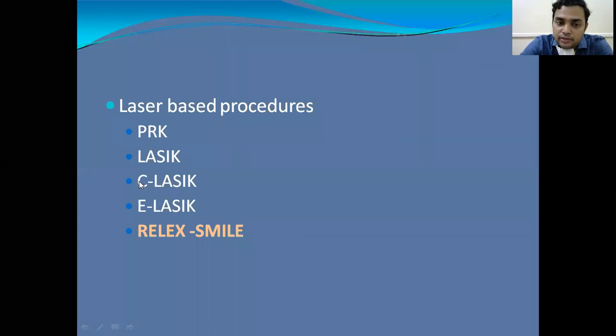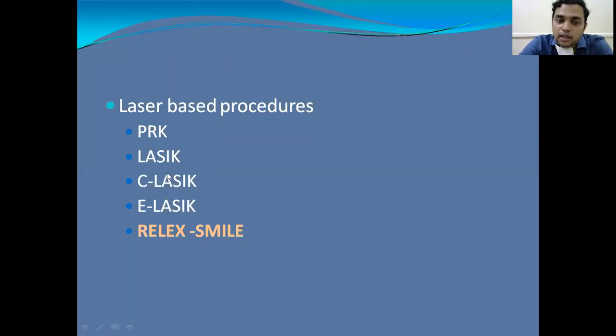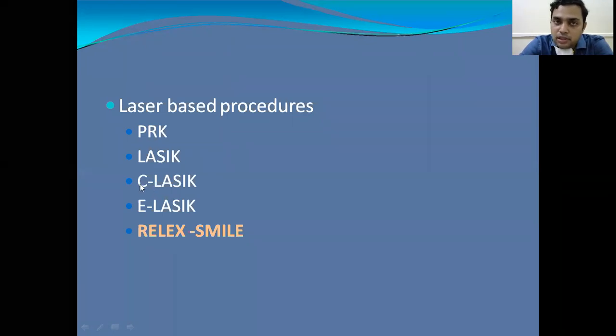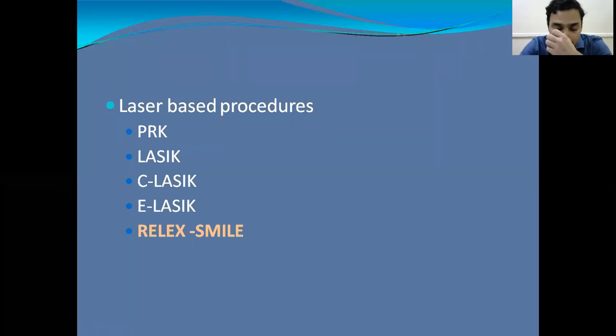In custom LASIK, the procedure is the same as LASIK surgery, but here we use instruments called corneal topography and wavefront technology. By using that technology, prior to the surgery we know complete details about the shape and curvature of the cornea.